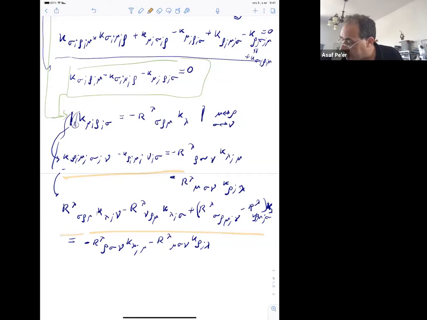So now we can use again the Killing condition, right? So in the Killing condition, for example, we can replace K rho lambda with minus K lambda rho. And then the same we can do in the second term here, minus K sigma lambda, and also in the first term, I see, minus K mu lambda.